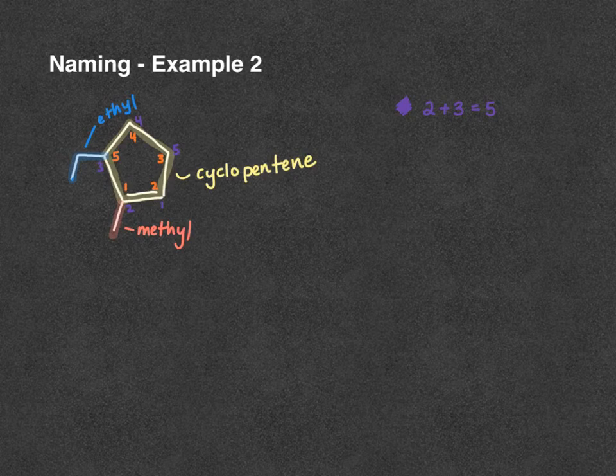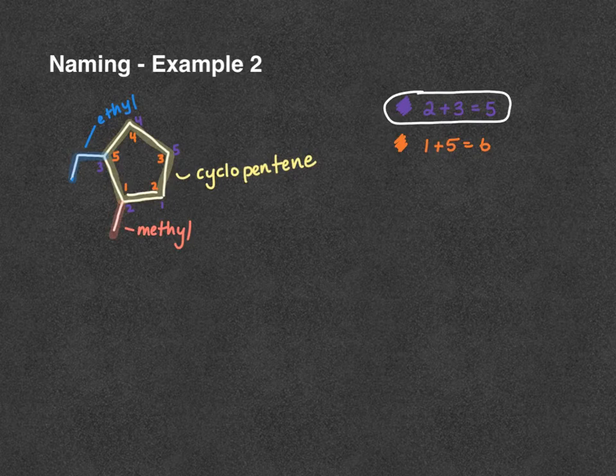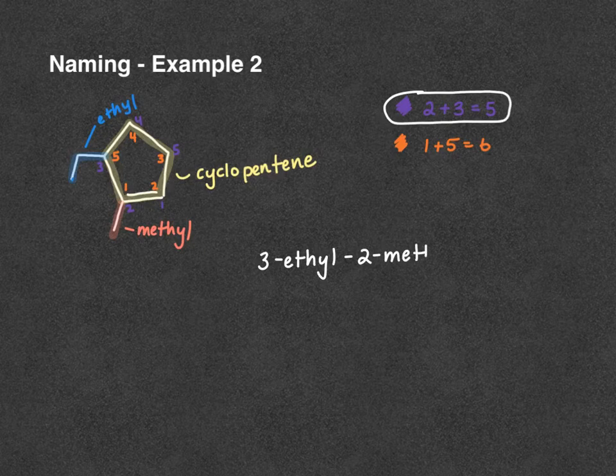If we use the orange numbering, the sums of our branches are 1 plus 5 equals 6. And so once again, we're going to go with that purple numbering system there. And we're going to list our groups in alphabetical order. So we will have 3-ethyl, 2-methyl, cyclopentene.